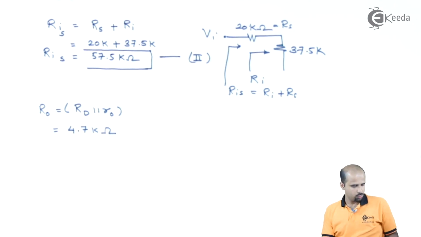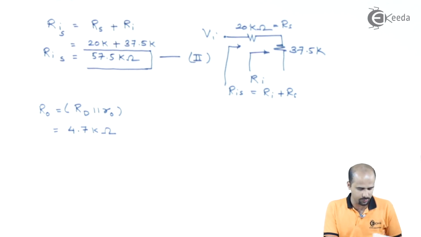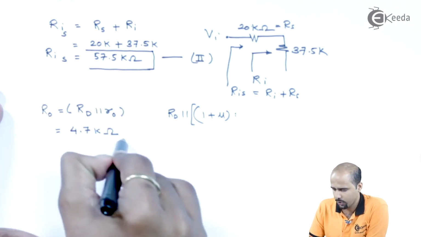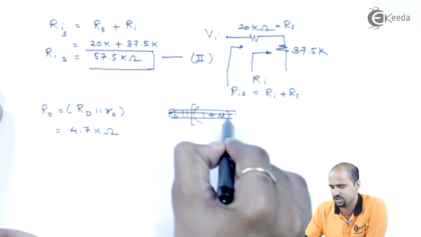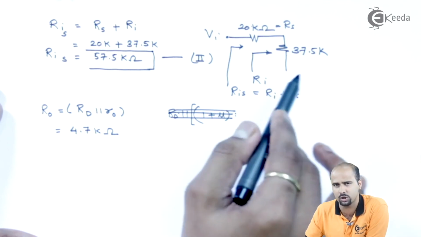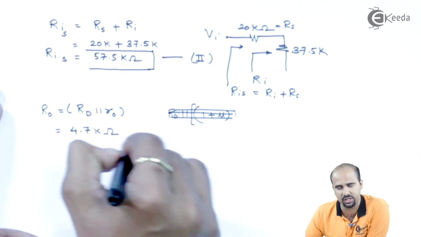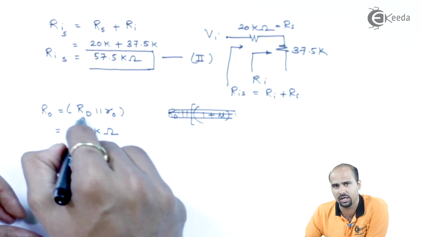We will not go through the exact calculation with 1 plus mu, because we all know the values will tend to be near 4.7 kilo ohm. In the exam as well, we don't have to deal with this particular Rd parallel.